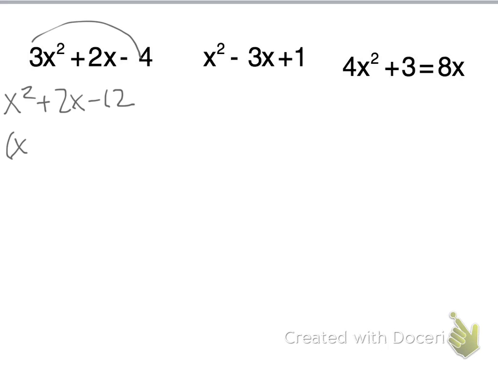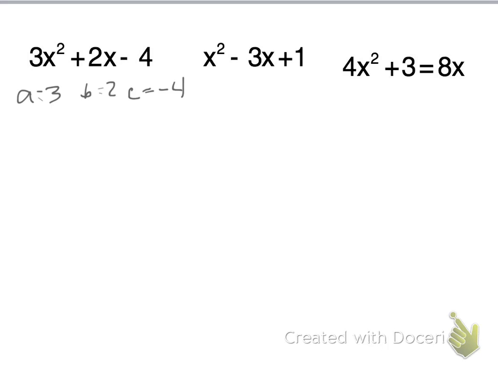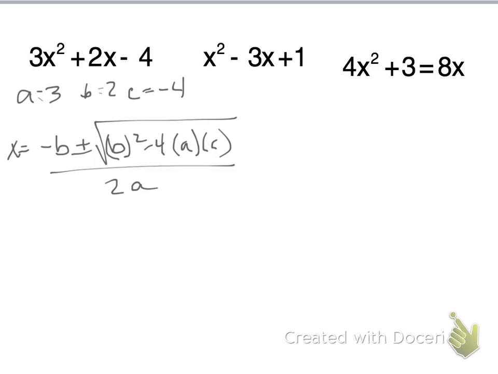So if I can't think of anything, I could just use the quadratic formula. So I got my a to be 1, b to be 2. Oh, but we're going to use the original equation, sorry, because then since I sent something back, it's going to change it. So my a is 3, my b is 2, and my c is negative 4. So x equals negative b plus or minus the square root of b squared minus 4ac all over 2a.